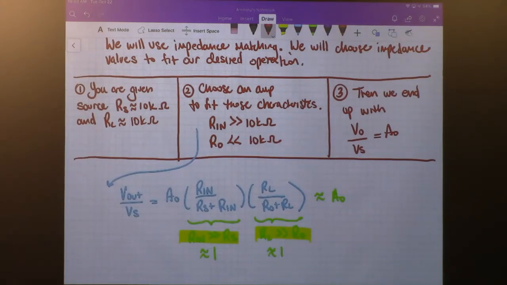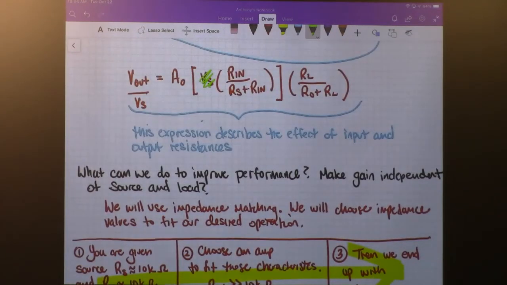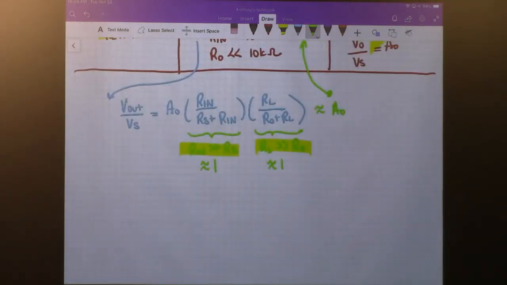We end up with VO over VS is equal to whatever this intended gain is. So does that process make sense? Right? And that's how we take that complicated expression and simplify it.